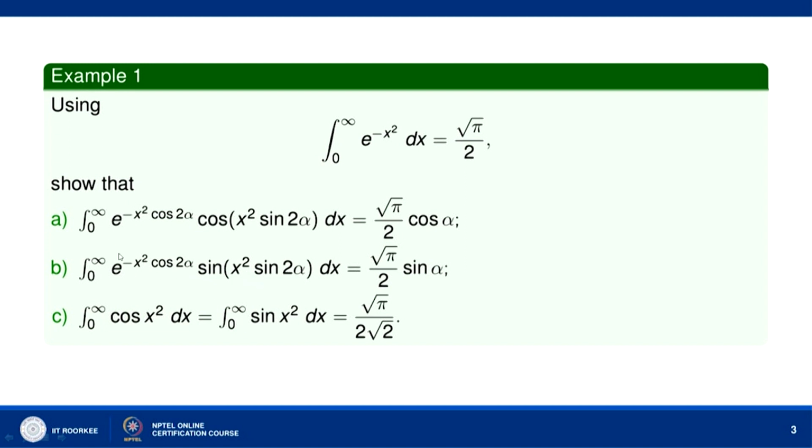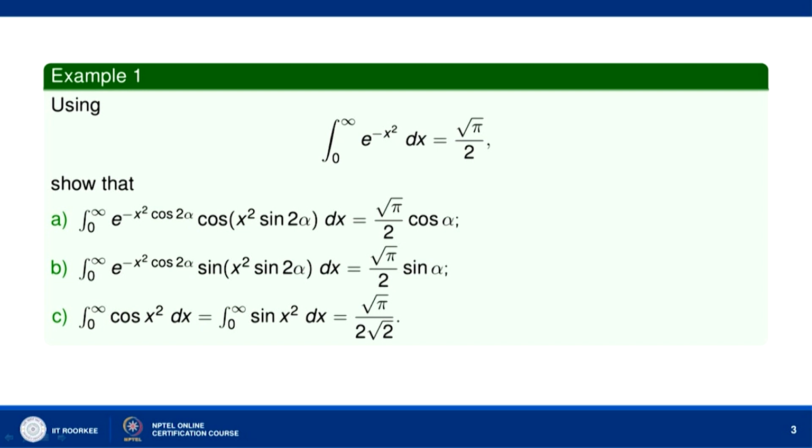So, integral 0 to infinity cos x square, integral 0 to infinity sin x square will be equal to root pi by 2 cos pi by 4 sin pi by 4, where each of cos pi by 4 and sin pi by 4 has value 1 by root 2. So, we will get root pi over 2 root 2. So, by taking alpha equal to pi by 4 in A and B, we get C.